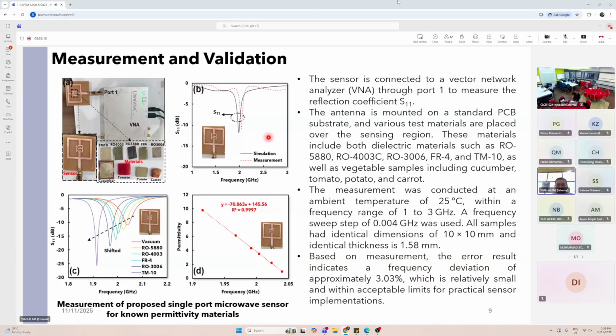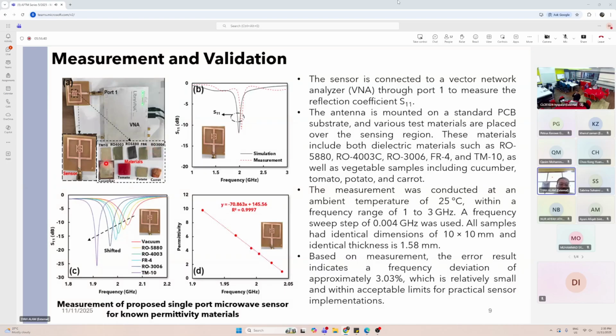And this is the measurement and validation. We can see in here we use the portable VNA, the LibreVNA, at 1 until 6 GHz, and this is the materials. These are the known materials. We use RO50, FR4, RO4003, TM10, and RO3006 with the permittivity range 1 until 9.8.